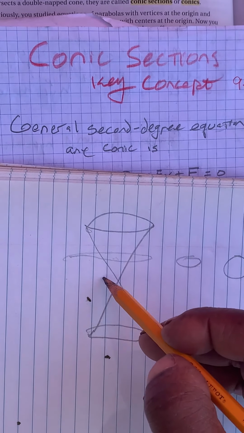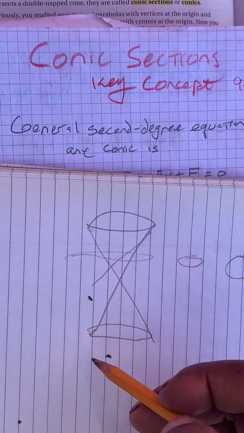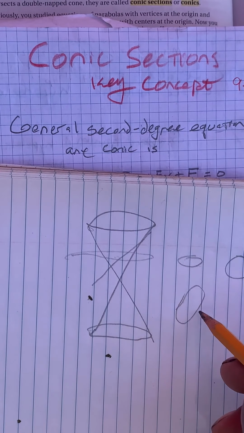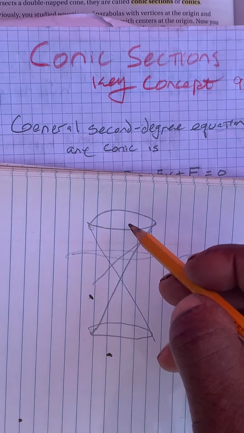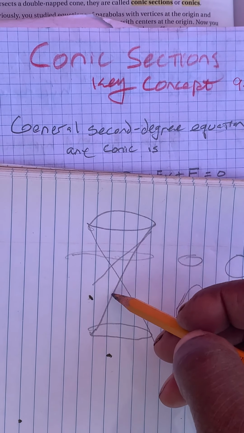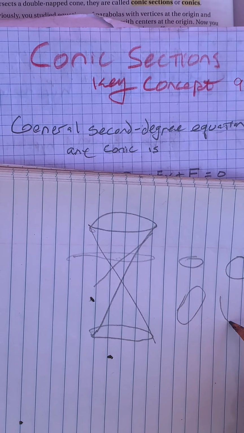If it comes at an angle to the side of the double nap, you're going to get an ellipse. And if it comes at a steep enough angle so it's equal to this side or this side, you're going to get your parabola.